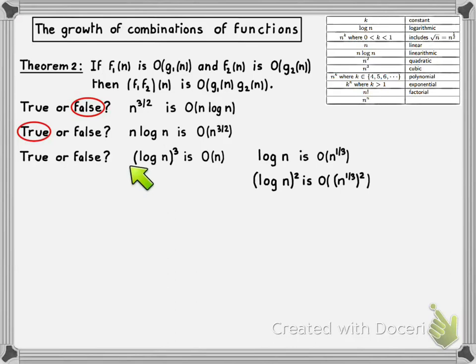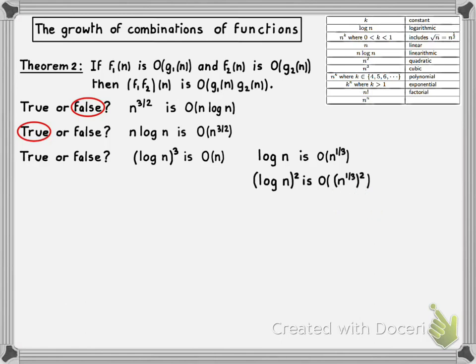Now the function we're interested in, this one, is just the product of this function and that function. So we can use theorem 2 to infer the big O upper bound of this function simply by multiplying this function by that one. So again, the direct application of theorem 2 here uses this function as f1, that function as f2, this function as g1, and that function as g2.